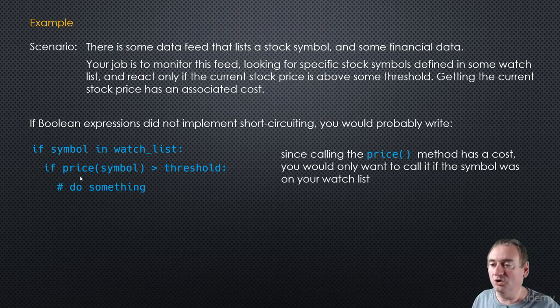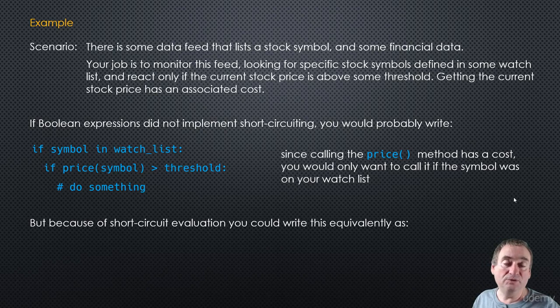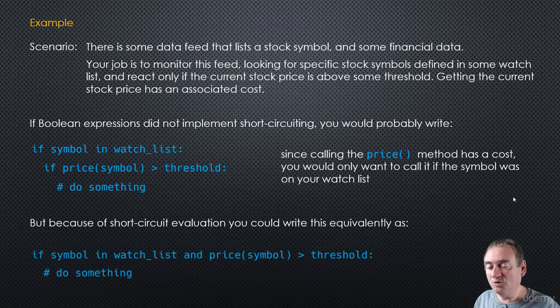So you don't want to call the price method every time. You want to make sure that you're not racking up your cost looking up the price of a symbol that you're not even interested in. So we could write it this way. However, if we do have short circuiting, we can write it equivalently this way. If symbol in watch list and price of symbol is greater than threshold, do something.